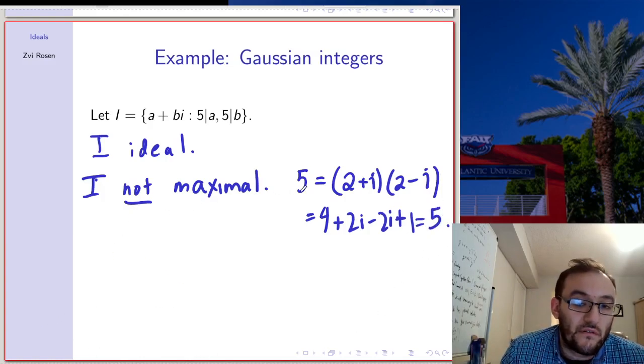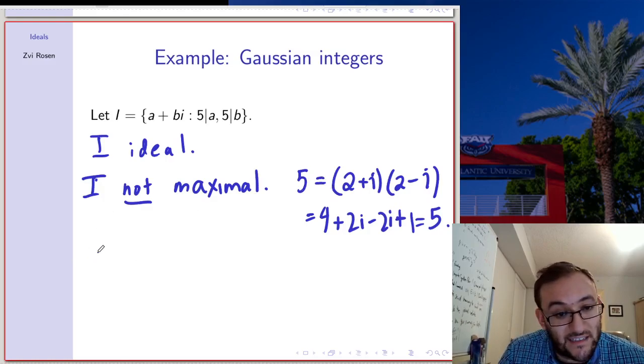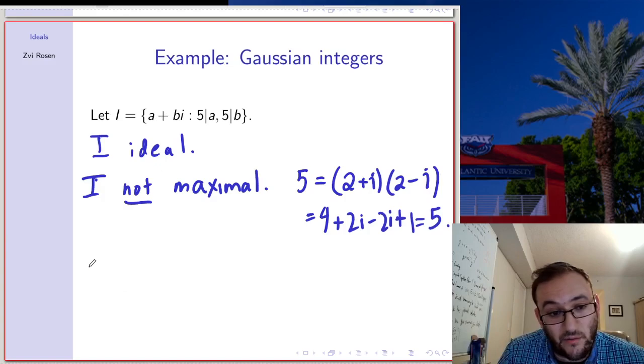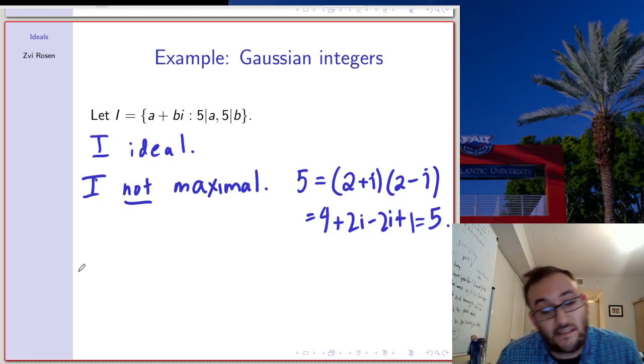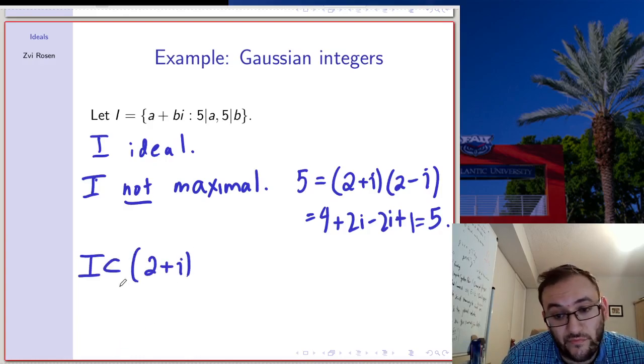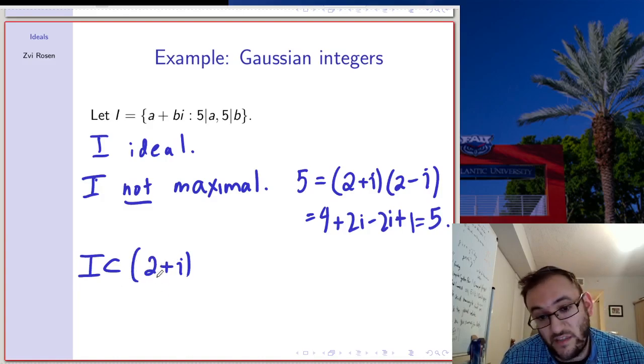So that means that the ideal where both real and imaginary parts are divisible by 5 is also contained in the ideal generated by 2 plus i, right? Because multiply this by 2 minus i, you get 5.